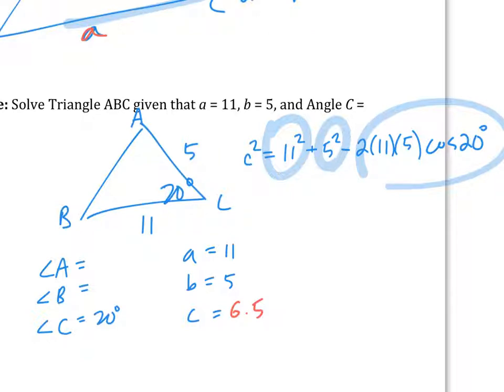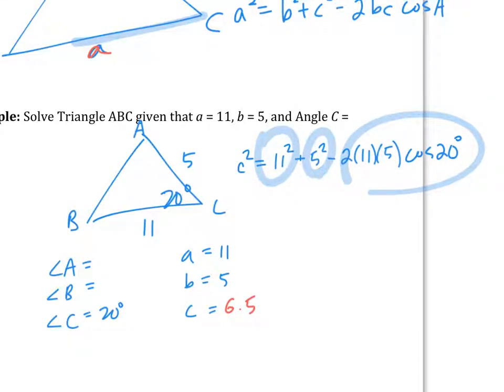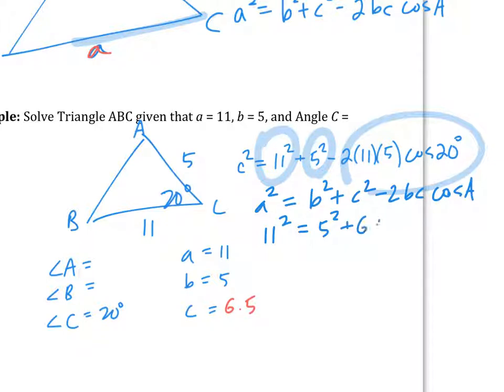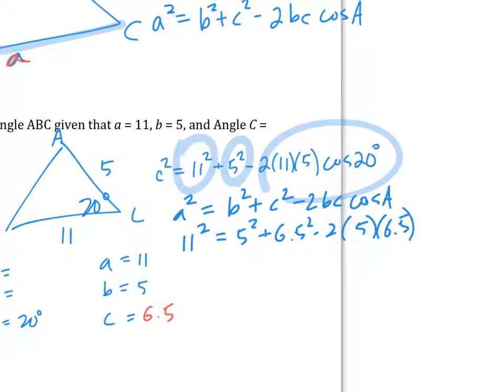Let me just show you one just in case. Let's say that you want to find angle A. So that's going to be a squared is equal to b squared plus c squared minus 2bc cosine A. So 11 squared is equal to 5 squared plus 6.5 squared minus 2 times 5 times 6.5 cosine A. PEMDAS applies.